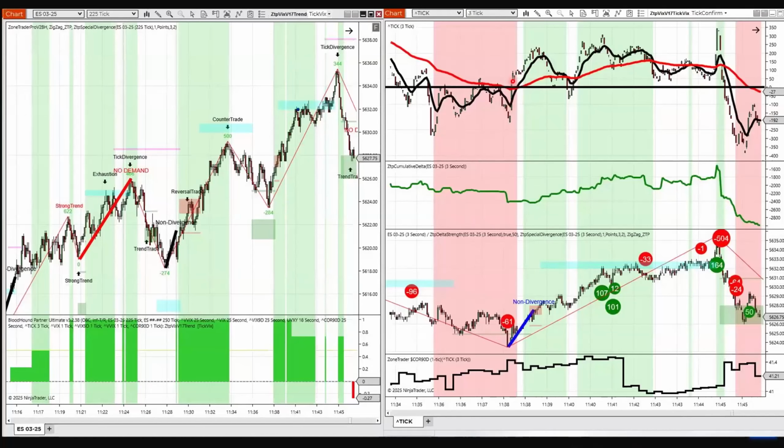As I did in real life in my video, if I see the tick coming off, and this is an area where I want to get long, what I'm going to wait for is the Bloodhound to go white, if I'm agreeing with what I'm seeing in real time.